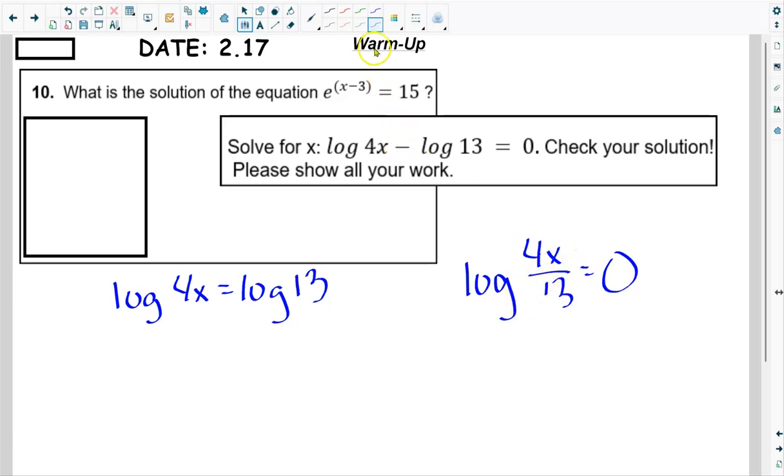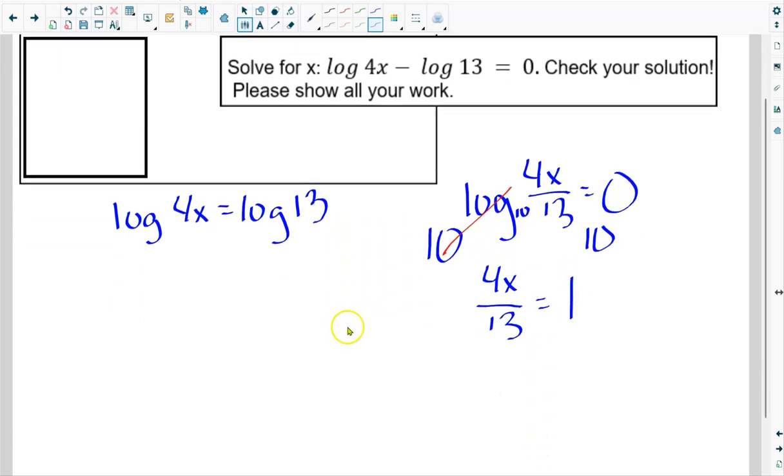Then in this case, since it's a logarithm, we would introduce an exponential, base 10. Okay, since here we have a 10, we get the awesome cancellation, and we get 4x over 13 equals, right, this is from some of your math classes in the past, any base to the 0 exponent equals 1, and from there we can proceed to solve, right?